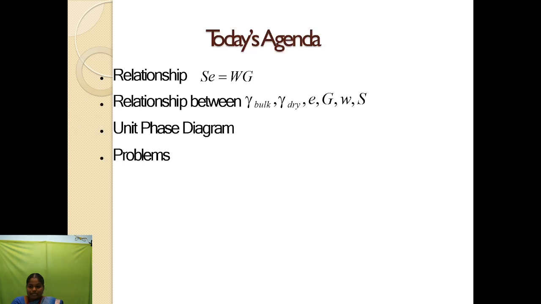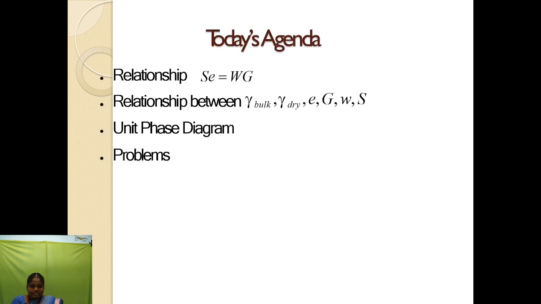For any type of structural construction or other work on soil, these three properties are very important. Today we will discuss the relationship between degree of saturation, water content, and specific gravity, the relationships between dry unit weight, void ratio, specific gravity, and water content, the three-phase diagram, and some problems.